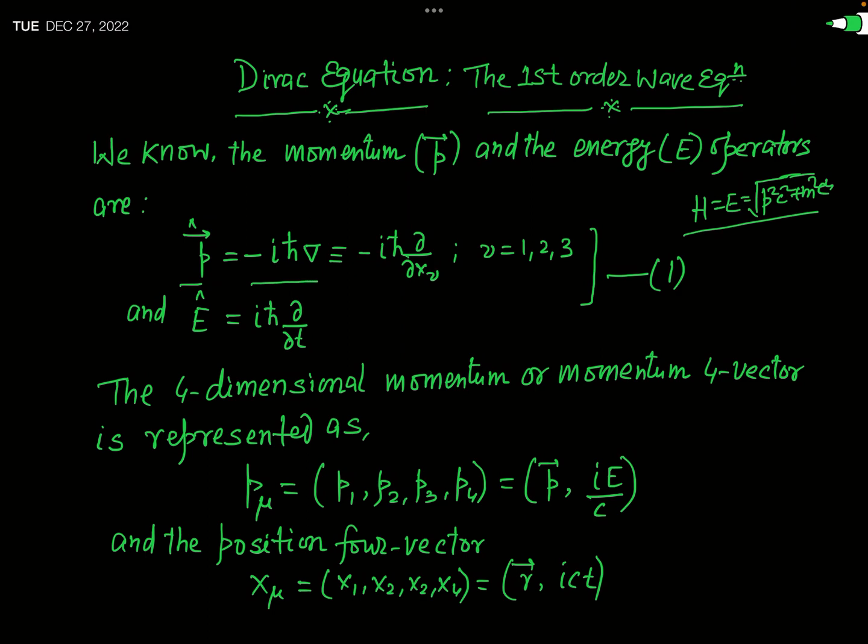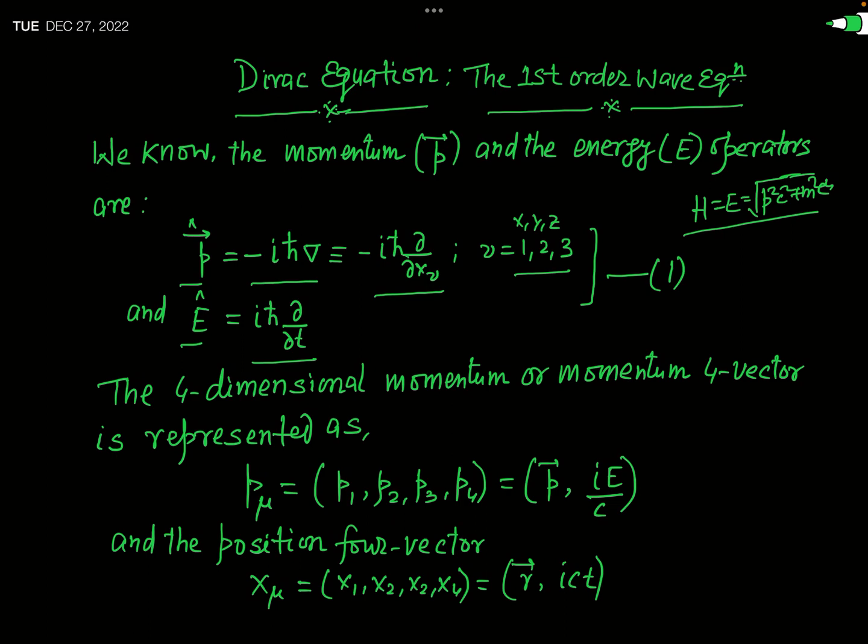This may be equivalently written as minus i h bar del by del x nu, where nu is equal to 1, 2 or 3, that is x, y and z. And the energy operator E hat is defined as i h bar del by del t.